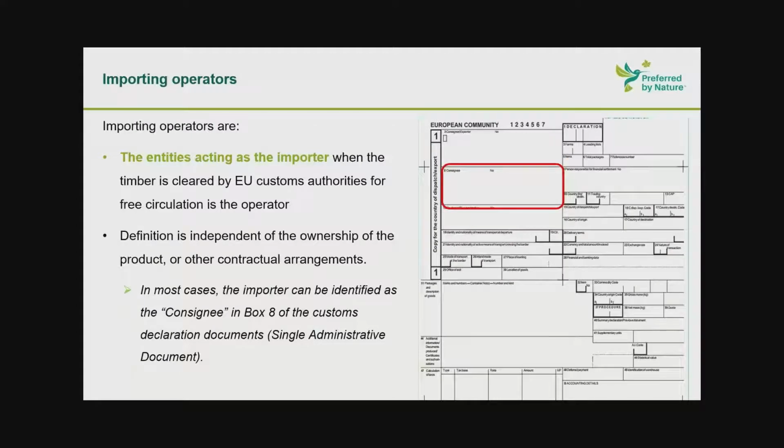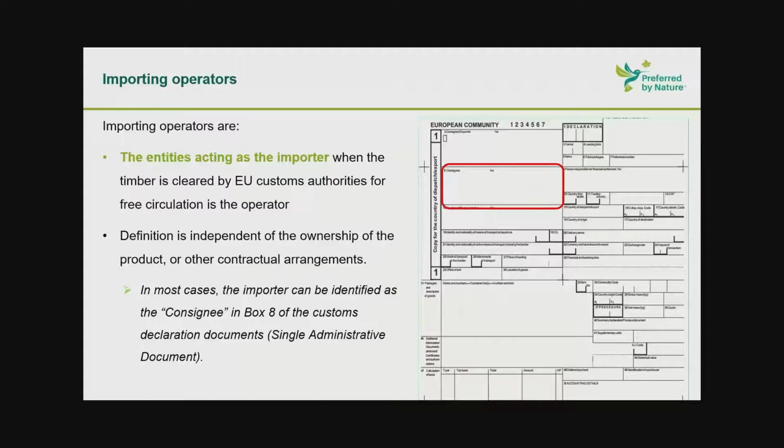Yeah. So an importer is when you, of course, import the goods into the European Union. The definition is independent of ownership or other contractual arrangements, which means it's not necessarily the owner that has to be the operator.